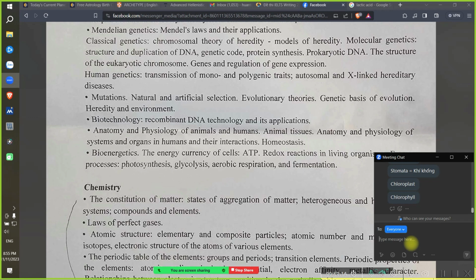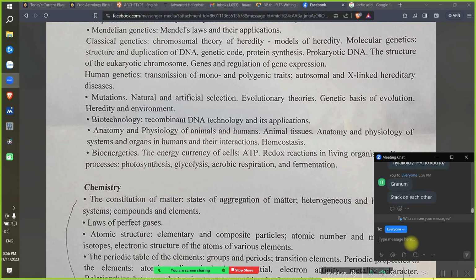So chlorophyll is found in an organelle called thylakoid. Many thylakoids stack on each other to become granum.